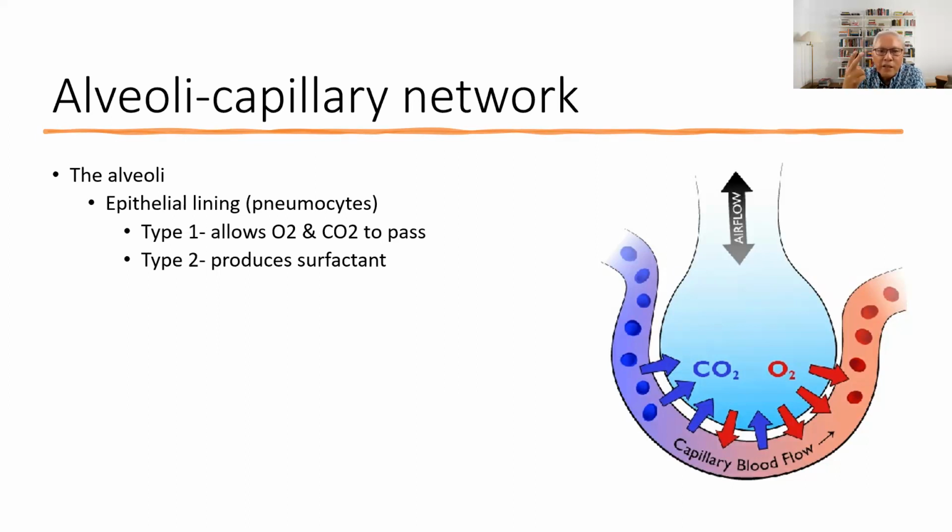And then the other type of pneumocytes, type 2, are those that produce surfactant. And what is surfactant? Surfactant is a very important element that is present in the alveoli. This is an oily secretion, and its function is to coat the alveoli and prevent their collapse.